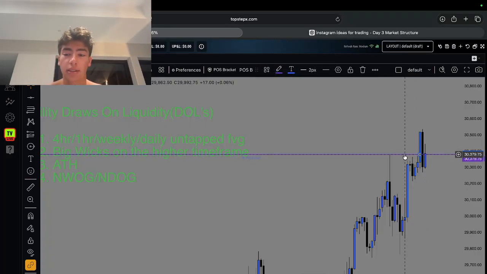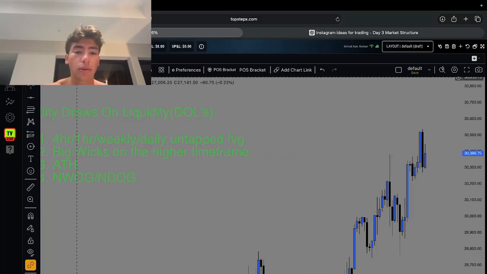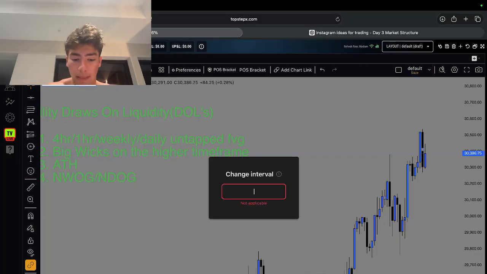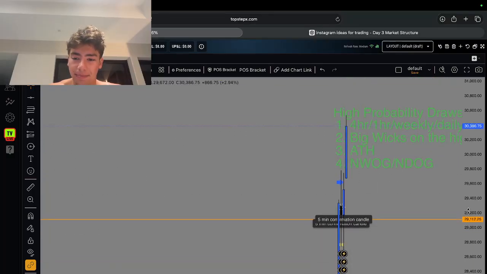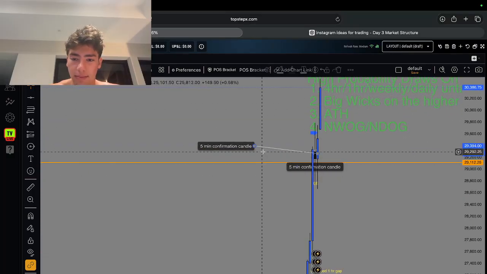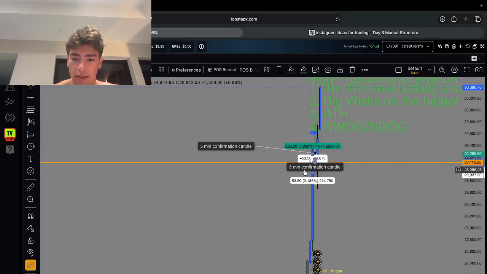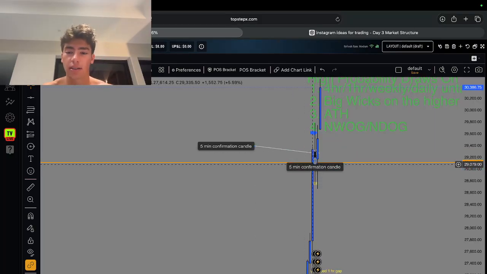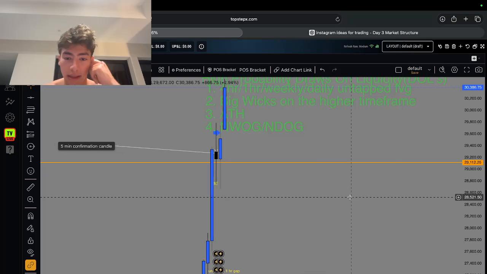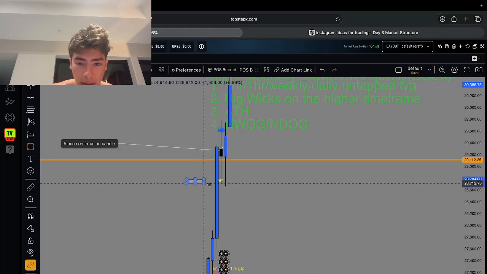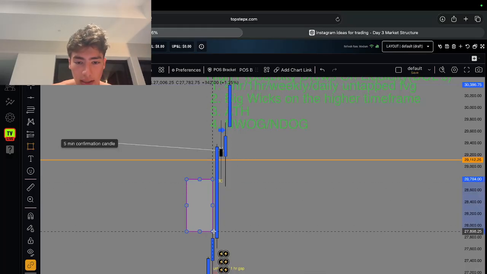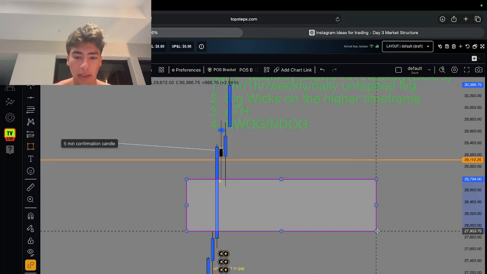So weekly gaps, let's go into the weekly, right? This doesn't happen too often because it's the week, right? But okay, there's a lot on my screen right now. This is a fair value gap on the weekly time frame right here, from that wick to this wick in between the candle body.